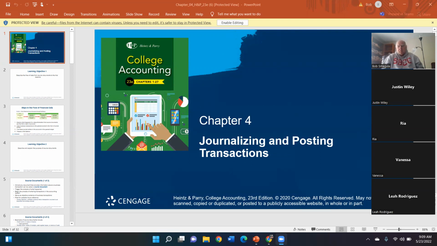Now, chapter 4 is about journal entries, journalizing and posting transactions. Those numbers that you saw on the T accounts in chapter 3, they have to come from somewhere. And where they're going to come from is you sitting at your computer system, and you decide that this is the proper journal entry, and you put it into your system. And then maybe you do a couple more entries depending on how busy you are.